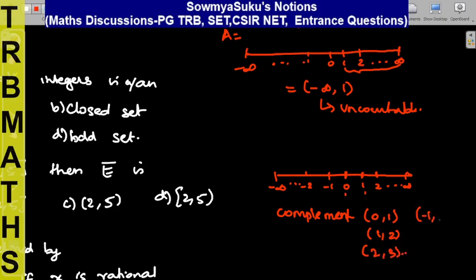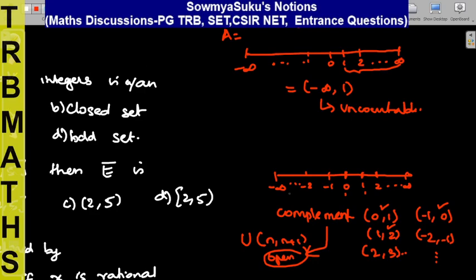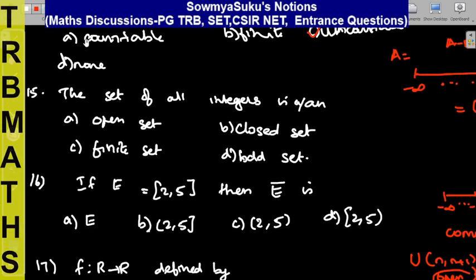Similarly (minus 1, 0), (minus 2, minus 1), etc. In general you can write (n, n + 1). If you put n equal to 0 you get this, n equal to 1 this, n equal to minus 1 this. So the complement is a union of open intervals, which is open. So the set of integers is closed. So option B is right.